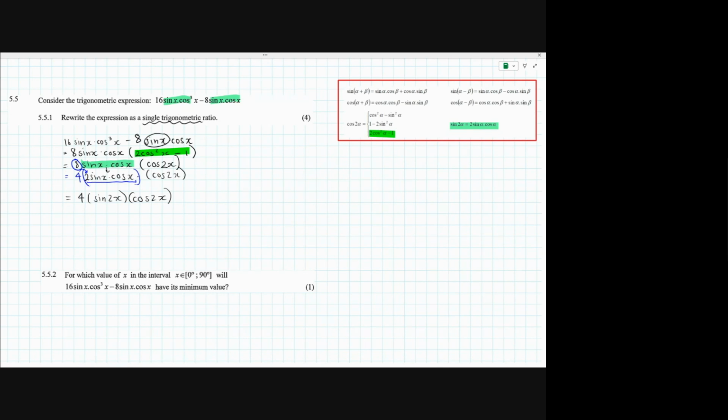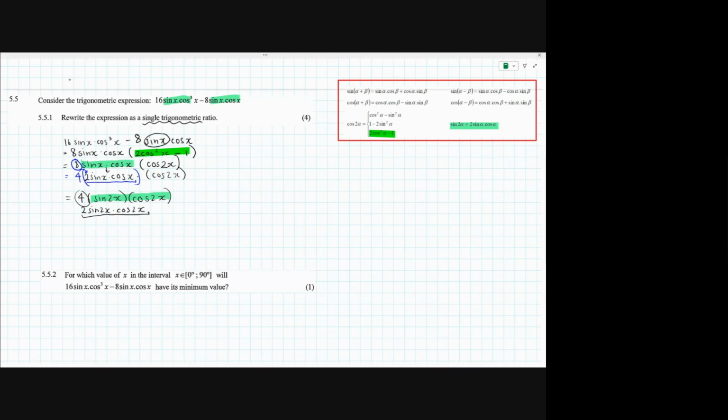I want one single trig ratio. Now again, the fact that I have a sine 2x times a cos 2x should take me back to my sine double angle. Again, I would like to write this as 2 sine 2x cos 2x, because that is my double angle identity, but my coefficient is 4.